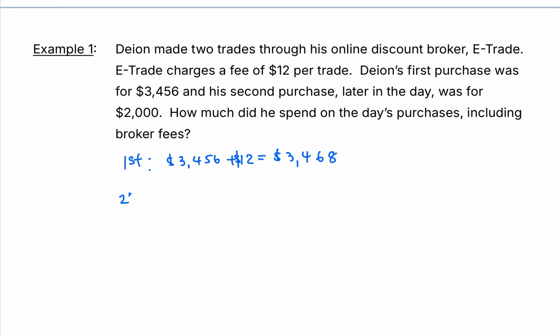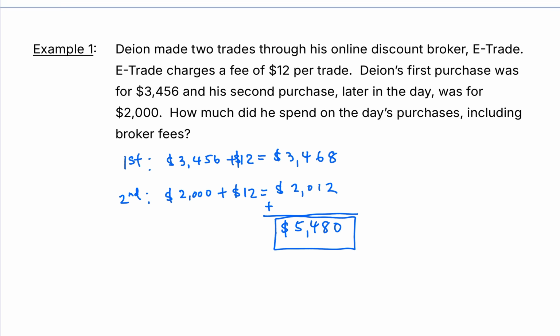Okay, now the second trade, he purchases $2,000 worth of stocks, I believe. And for that trade, E-Trade charges Dion $12 again for a total of $2,012. So if we were to add these up, we would have a total of $5,480 that he spent in total on the day's purchases.